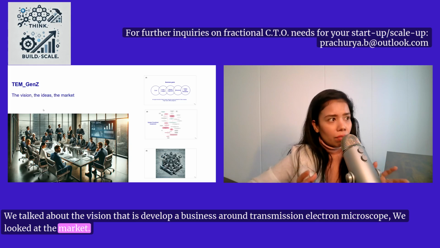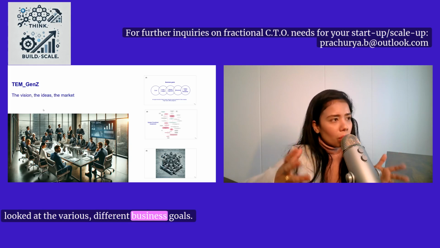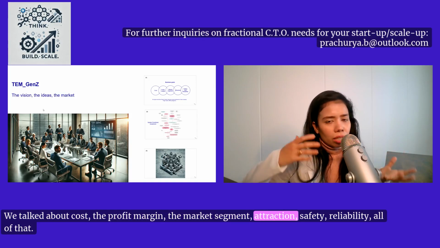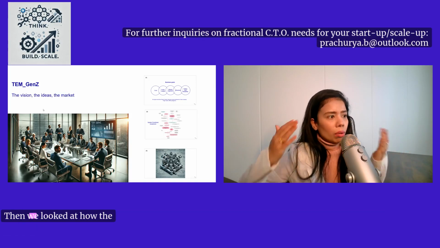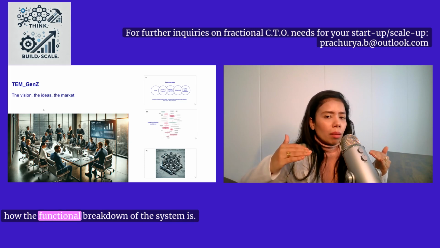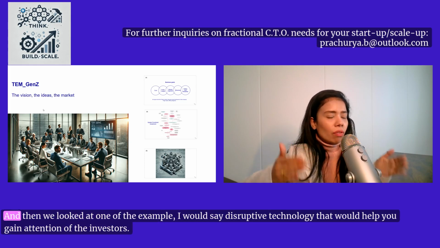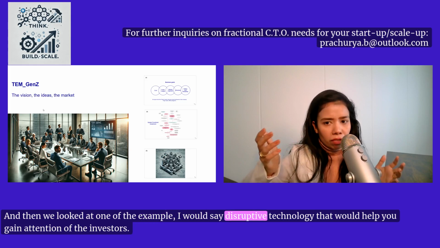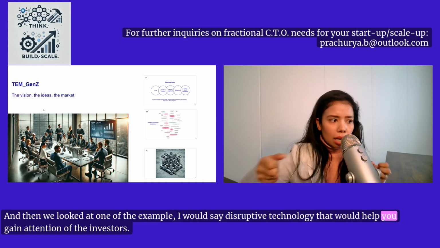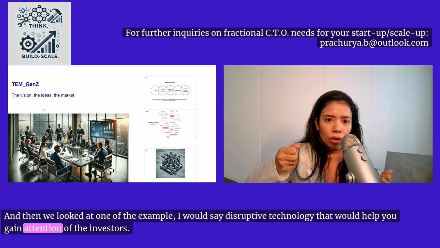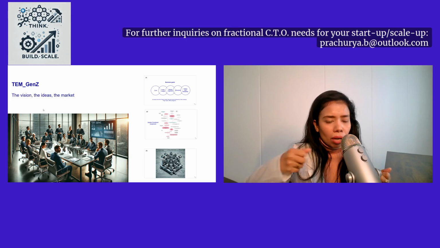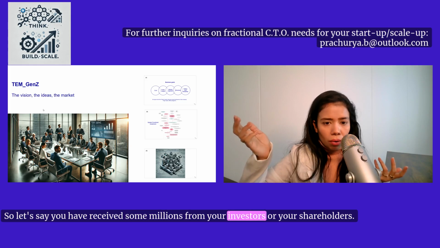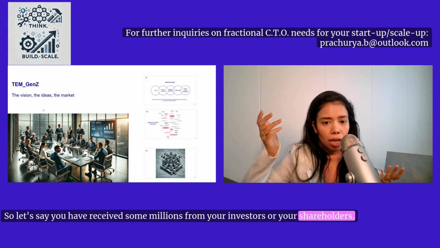We looked at the market. We looked at the various business goals. We talked about cost, the profit margin, the market segment, attraction, safety, reliability, all of that. Then we looked at the functional breakdown of the system. And then we looked at one example of a disruptive technology that would help you gain the attention of the investors. So let's say you have received some millions from your investors or your shareholders.